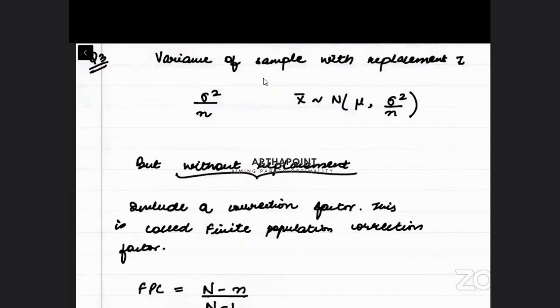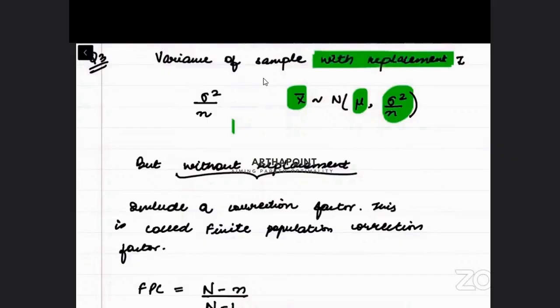This is the usual formula that we have seen. The sample mean is normally distributed with mean mu and variance sigma square by n. So with replacement, the variance of the sample mean is sigma square by n.